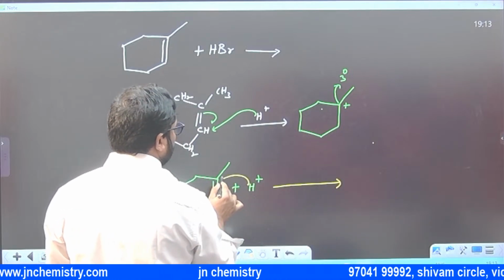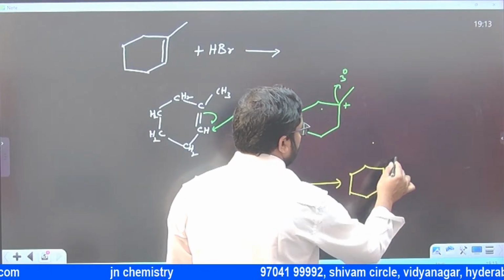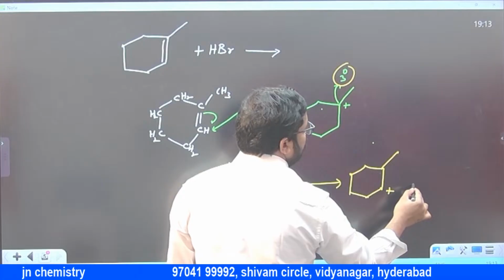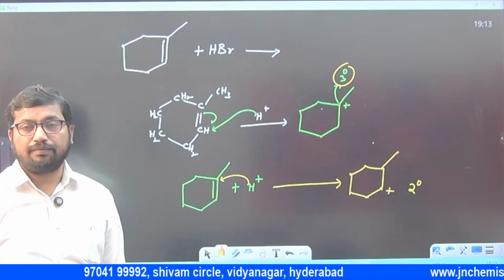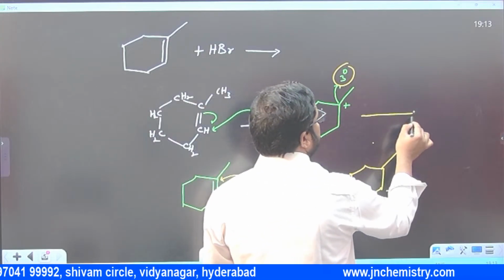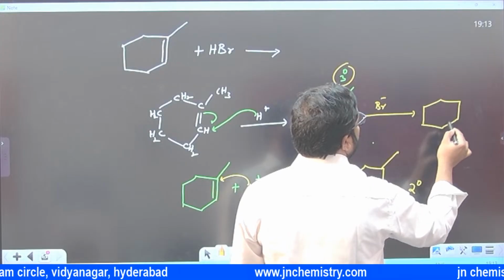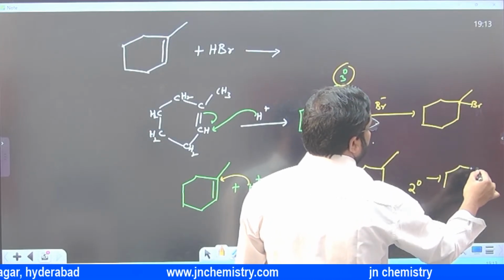If it attacks over here, we'll get the carbocation here. This is 3 degree carbocation, this is 2 degree carbocation. Let me know which carbocation is more stable. 3 degree. So Br minus is attacking over here. More major product. Here minor product.